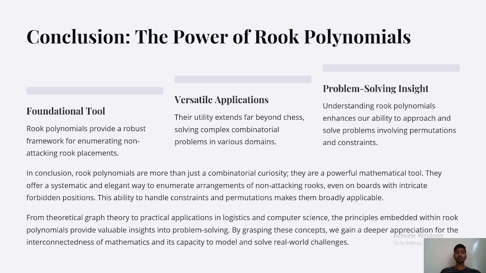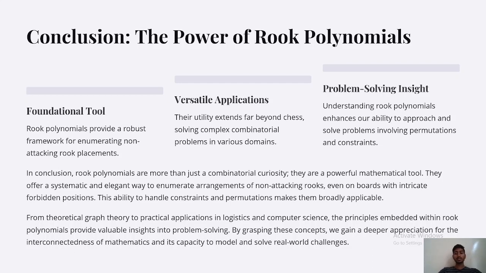Conclusion: the power of rook polynomials, fundamentals, rules, versatile applications, problem-solving insight. Rook polynomials provide a robust framework for counting non-attacking rook placements. This utility extends far beyond just solving complex combinatorial problems in various domains.